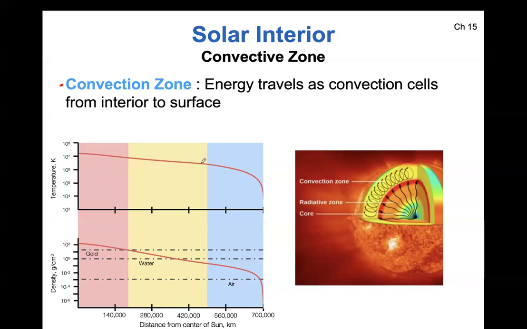The temperatures, which I hadn't called into focus too much when we talked about the radiative zone, but had decreased to a modest 1 million Kelvin, fall off gradually at first, and then precipitously towards the very surface of the sun, which we are now going to be hitting, the photosphere, next.